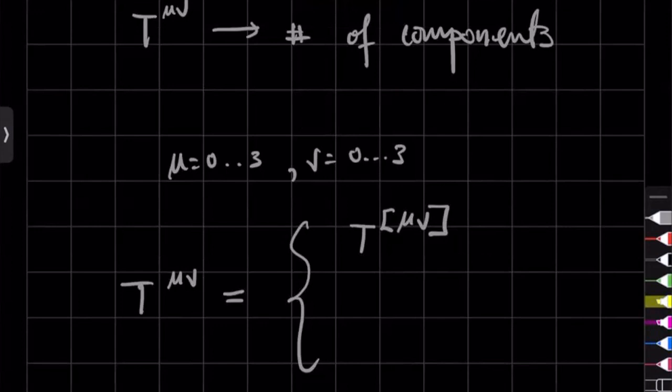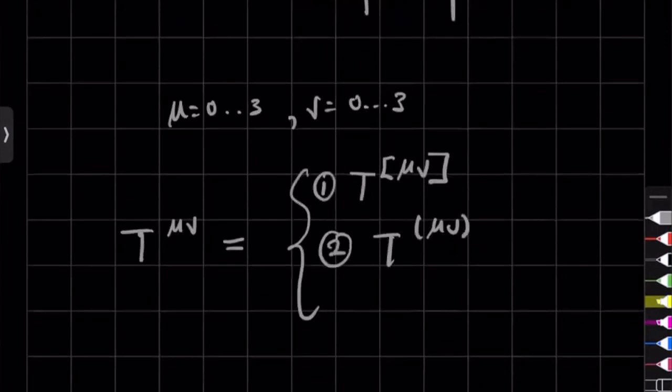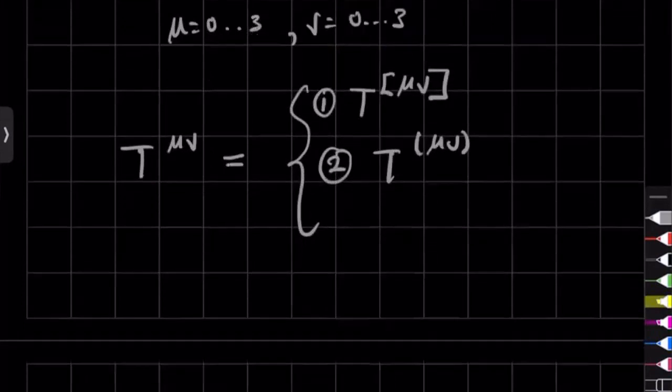So we can do anti-symmetrization, that's one representation, and another one is we can do a symmetrization, right? But it turns out that if you do the symmetrization, that itself is not irreducible. And the reason is the following.